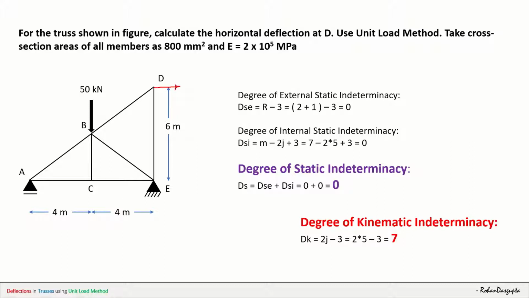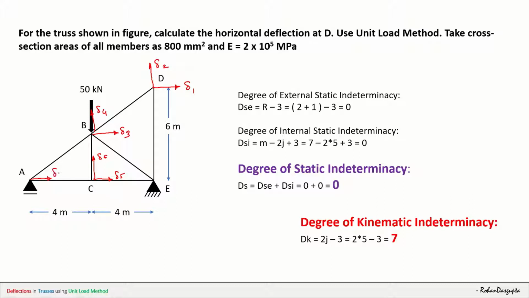So we will have a delta 1 here, a vertical deflection here called as delta 2. We can have a horizontal deflection here, delta 3. We can have a vertical deflection here as delta 4. We can have a horizontal delta 5 here, a vertical deflection here as delta 6, and a horizontal deflection here as delta 7.